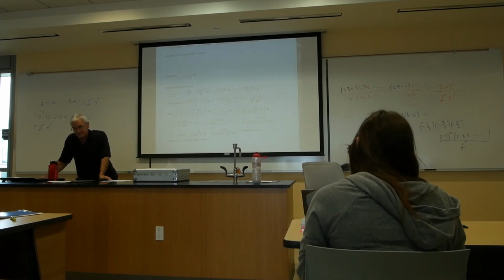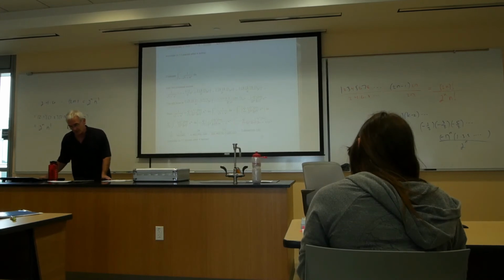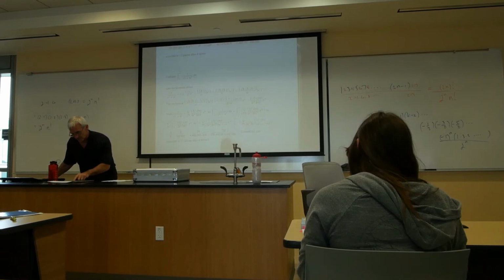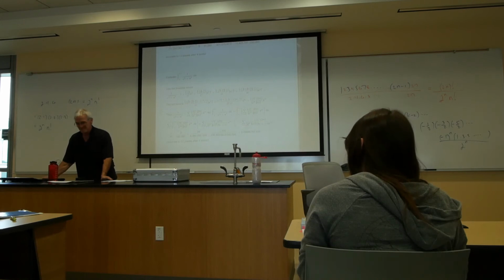The first 4 terms were 1/10, 2 over 160,000, 24 over 4,480,000,000, and the 4th term was 720 over 230 trillion, it looks like. That's the 4th term. So once again, I think we're converging really fast.